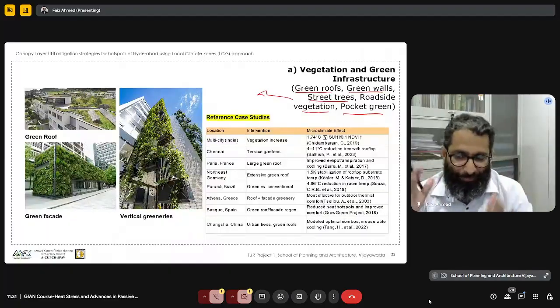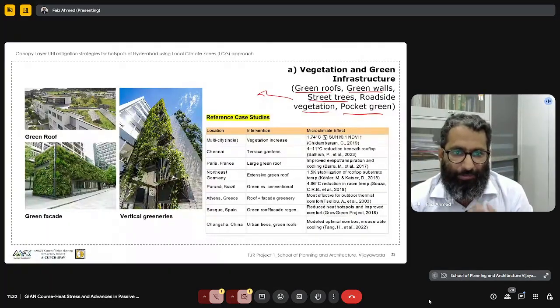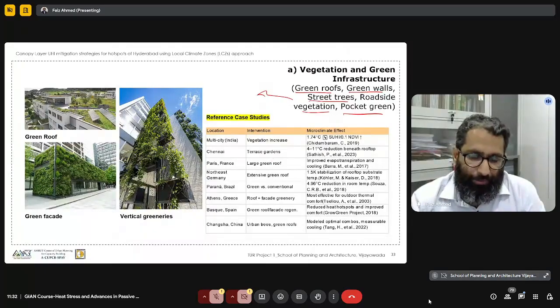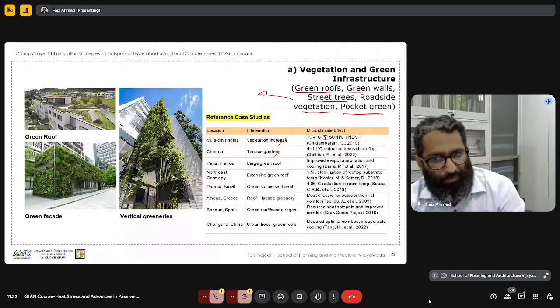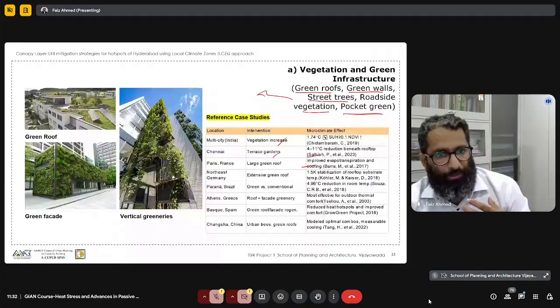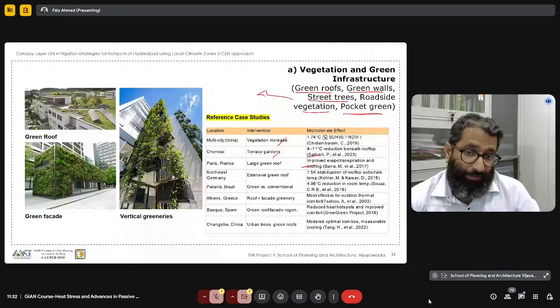A lot of things have been said in the morning as well. We wanted to check how these can be integrated in a more meaningful way. It's not something new that we are trying. This has been tested in other cities like Mumbai and Chennai also. What results did they get, and can these strategies again work?